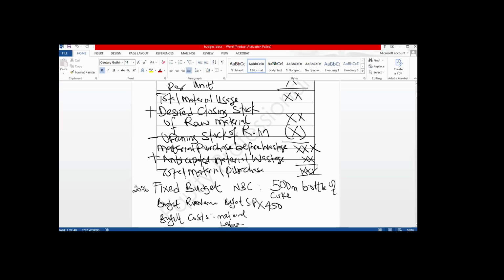We now look at the flexible budget. It is a budget that is designed to accommodate changes in circumstances.